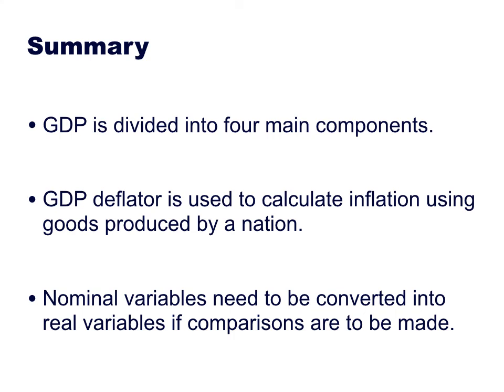Remember, we're trying to get a price ratio, which means that the basket that you use on the top, i.e. the numerator, must be the same as the basket that you use on the bottom, i.e. the denominator. If you can remember that you're trying to get a price ratio, then you should be fine with the calculation. You don't have to memorize a formula. Understand the concept.